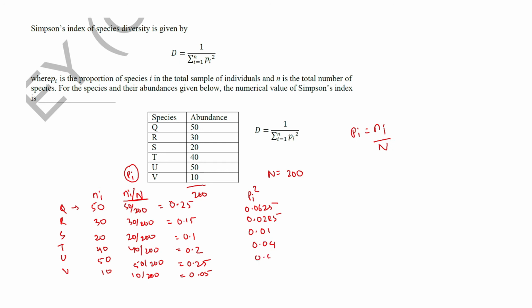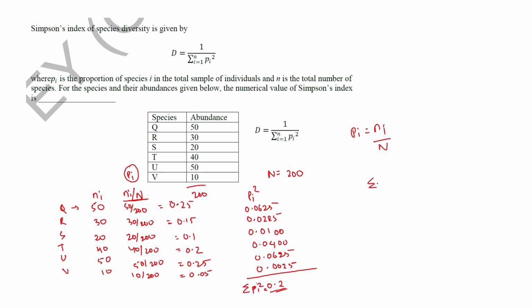And this will be 0.0625 again, and this will be 0.0025. So if we add it up, we'll get summation of pi square. If we add everything, we'll get 0.2.